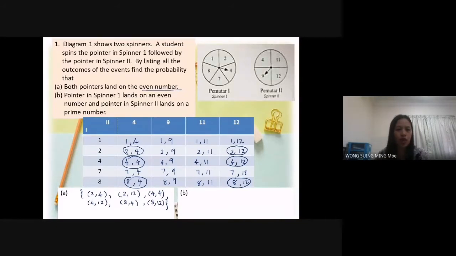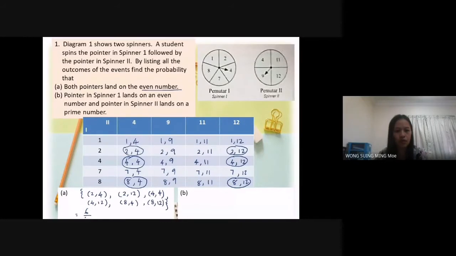So now, how many possible outcomes here? 1, 2, 3, 4, 5, 6. So equal to 6 over, okay, the sample space here, total possible outcomes, how many? 5 times 4 is 20, right?